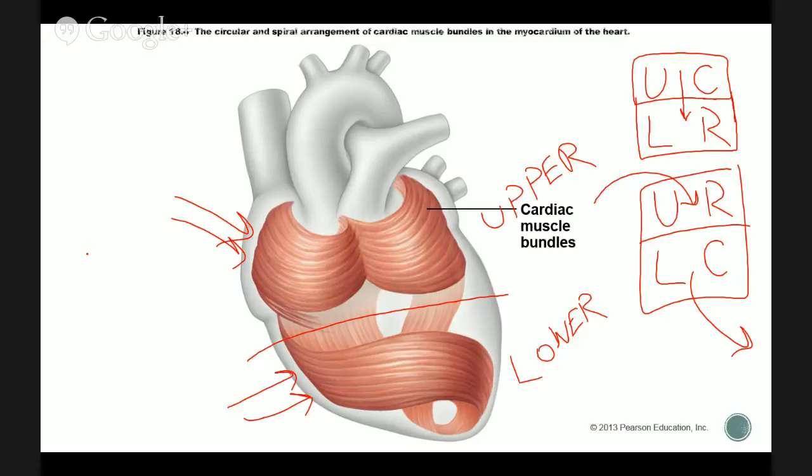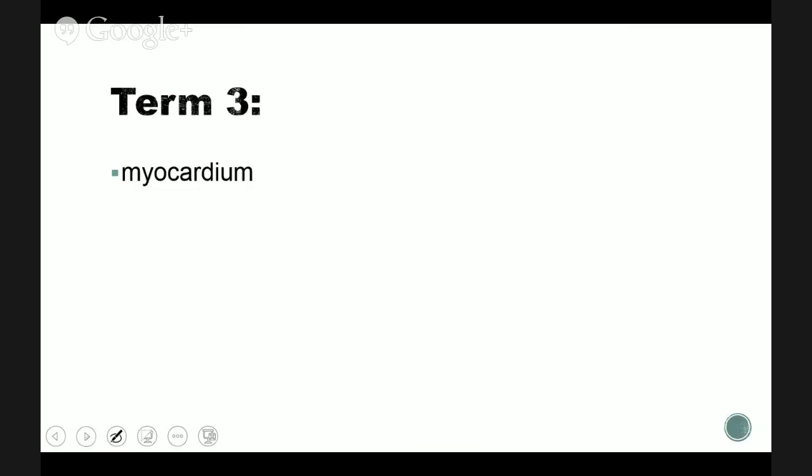So you cannot get up and go anywhere, anytime. At the very best, you've got a backpack you have to wear in order to have that artificial heart. Third term is myocardium. Make sure you get that and grab that.